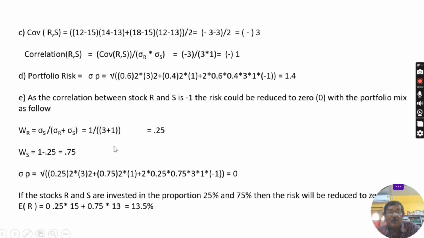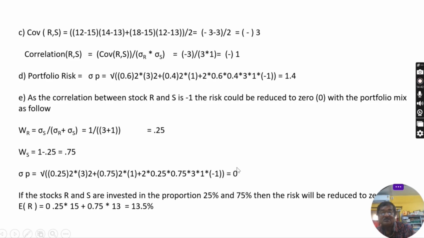If WR is 0.25, then WS will definitely be 0.75, as WR plus WS is equal to 1. You can check also that the risk will be reduced to 0. Put all these values instead of the previous 60% 40%, invest 25%, that is 0.25, in security R and 0.75 in security S, put in the risk formula, and you will get 0.